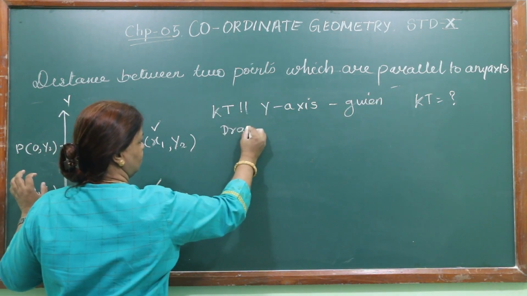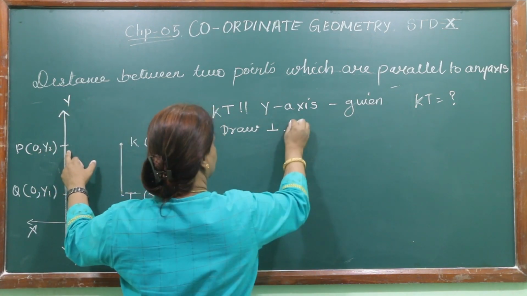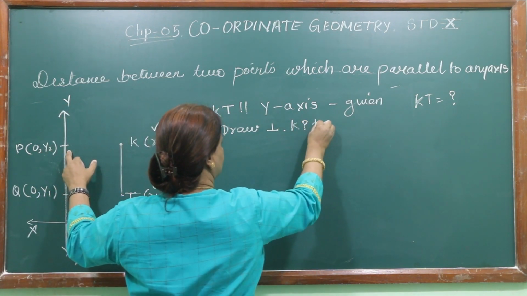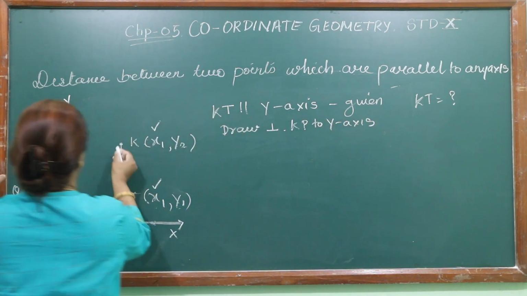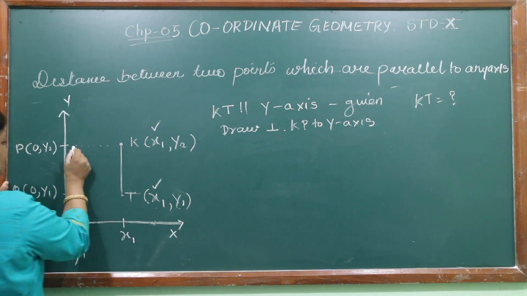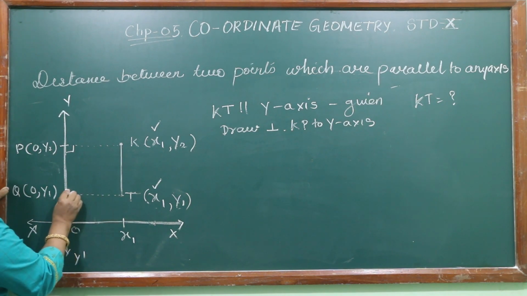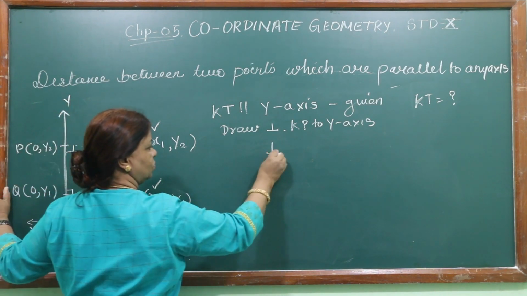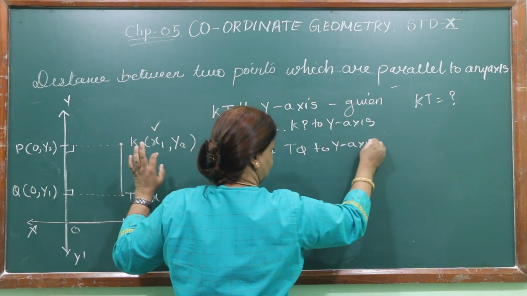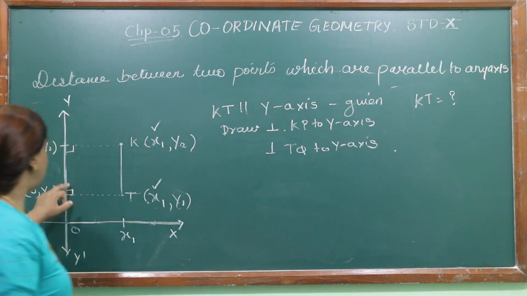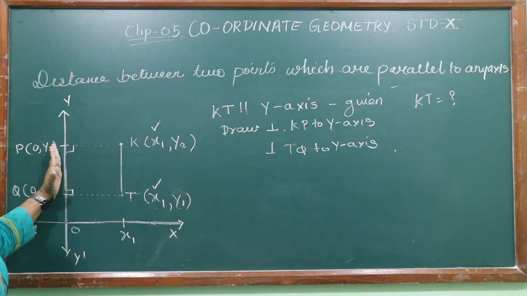Draw perpendicular KP to y-axis and TQ to y-axis, children. Now these two angles are 90 degree and it is given KT is parallel to y-axis.